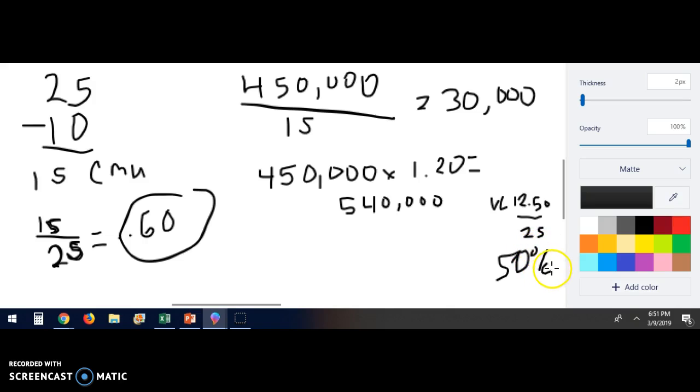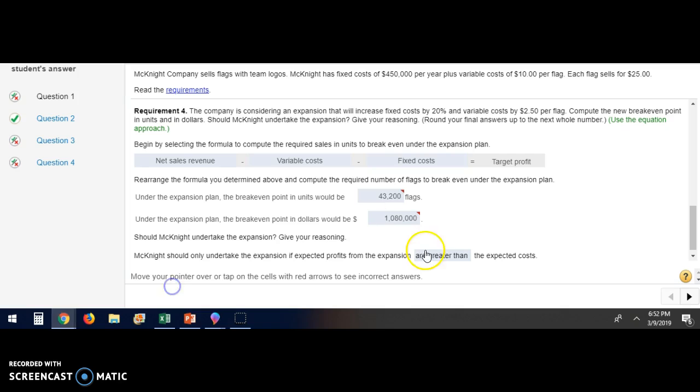Okay, so let's look at our question here. It says, under the expansion plan, the break-even point in units would be what? And then the break-even point in dollars would be what?